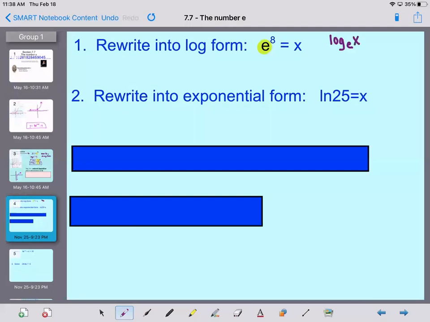Log base E of X equals 8. And then we are always going to change our log base E's into natural log. So ln, keep the X argument, equals 8. Always change log base E, right?